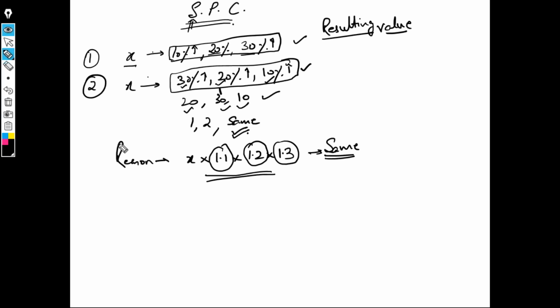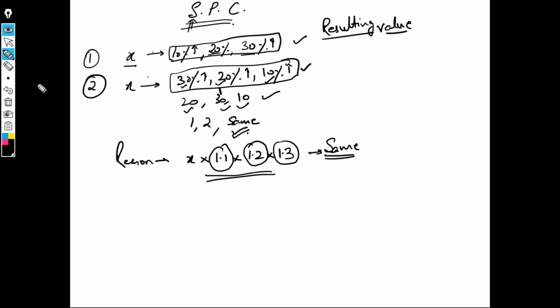I hope this part is clear, everyone. So those who said same, yes, Neeraj, it does not make any difference. Whether you increase or you decrease, the result is the same.